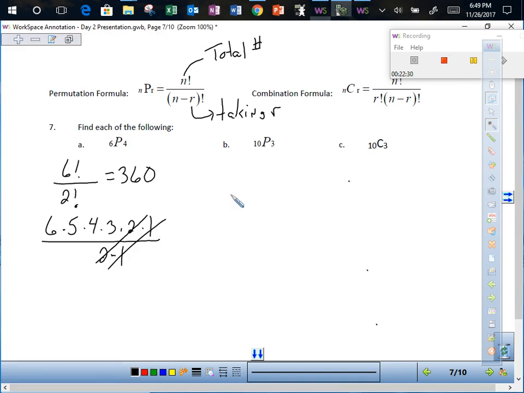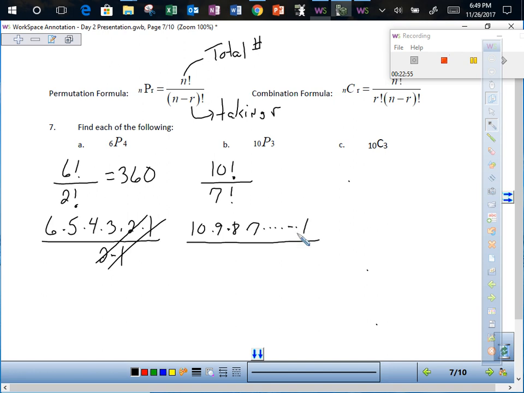So, here's my B. By formula, it means 10 factorial over 10 minus 3 factorial, so that'd be 7 factorial. You could type it in your calculator and you're going to get 720, but I want you to see what it means. It means 10 times 9 times 8 times 7 all the way down to 1.